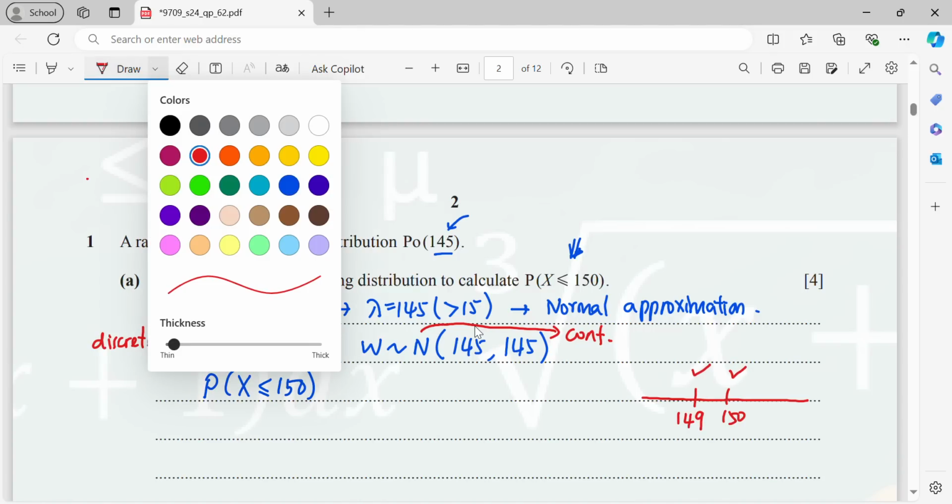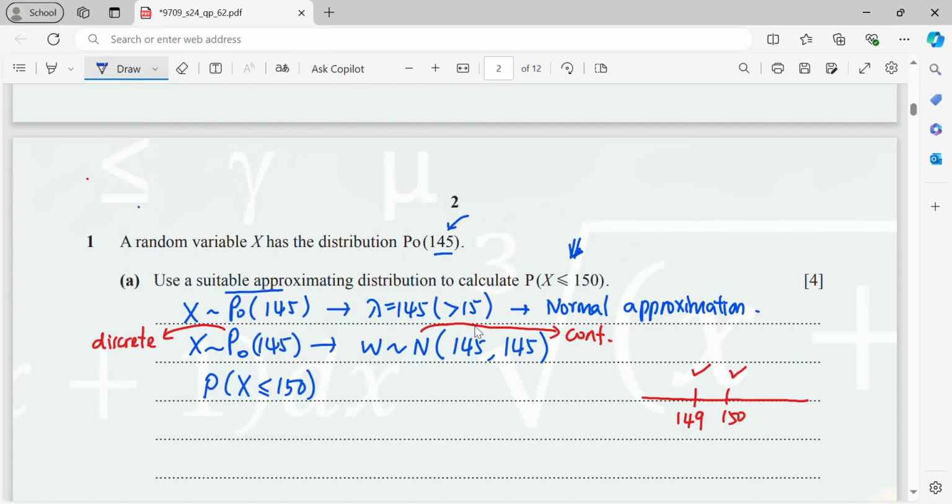So we are allowed to plus or minus 0.5 from 150, that means either 150.5 or 149.5. Now we have to choose the interval because X will be changed to W. The less than or equal sign will be changed to less than, because for a continuous distribution, equal or not equal is not important. Therefore, to choose the interval that includes the two ticks, I have to choose less than 150.5.